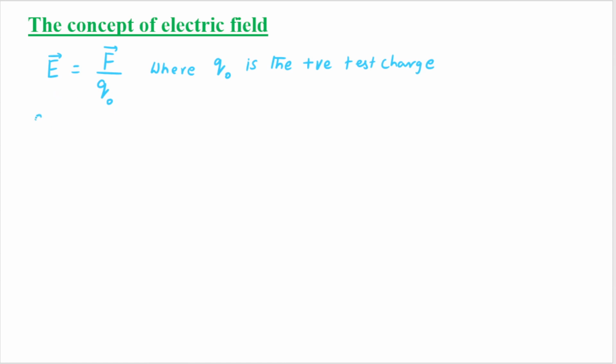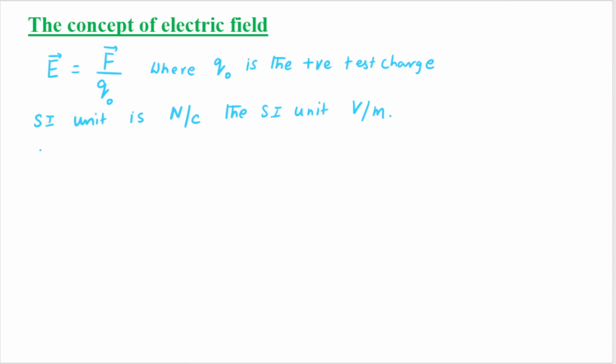The SI unit of electric field is newton per coulomb because force is in newtons and the SI unit of charge is coulomb. But in chapter 28, we will see that the SI unit can also be written as volt per meter.